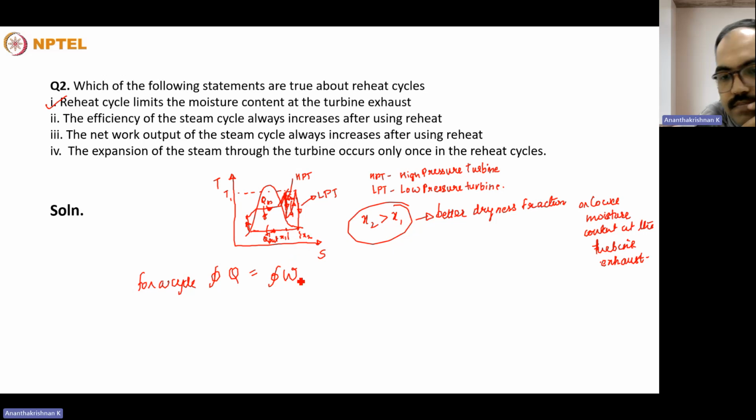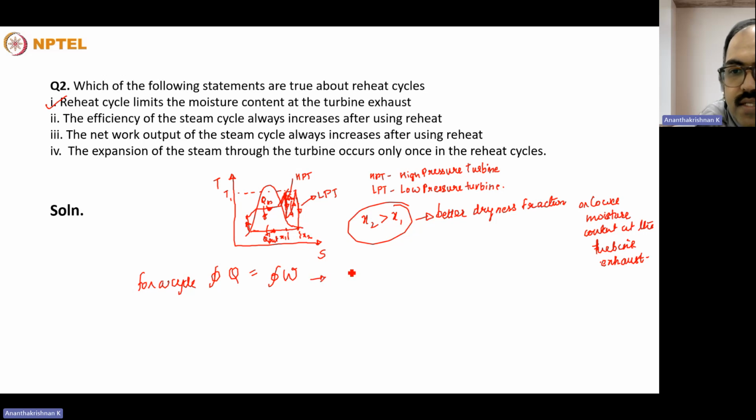from the cycle. Compared to a case where there was no reheat, this curve would have come from here straight to here. That means the total area under this cycle will be less compared to a case where there is a reheat.